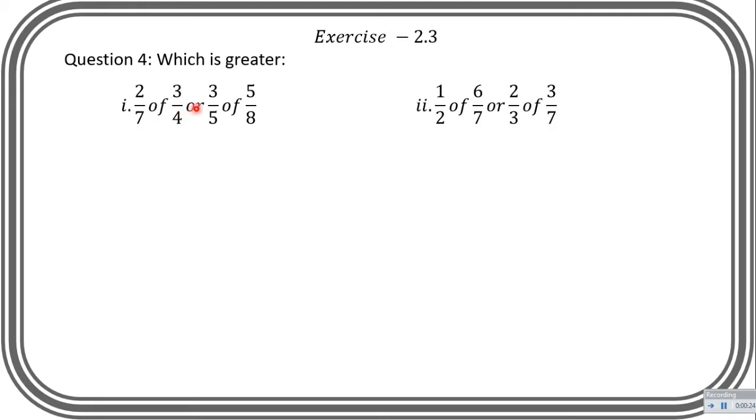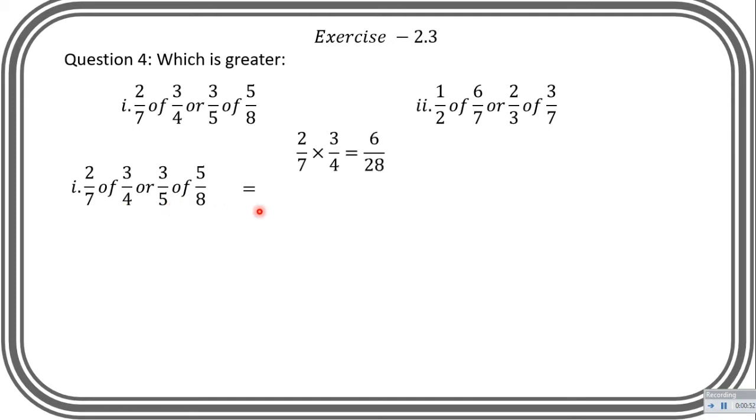Then we have to compare with the product of 3 upon 5 of 5 upon 8. So first I will solve the first part, 2 upon 7 of 3 upon 4, then I will solve 3 upon 5 of 5 upon 8.